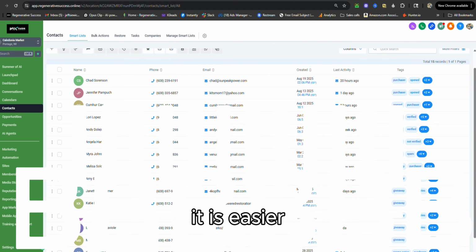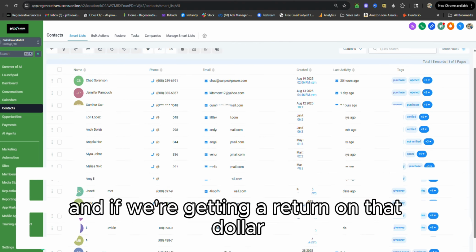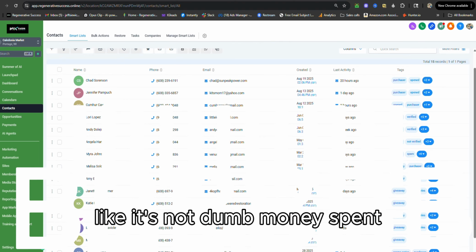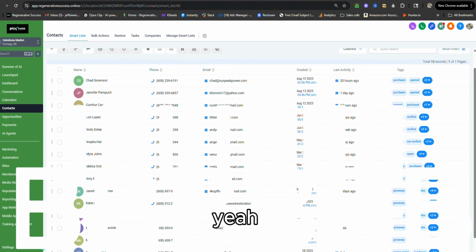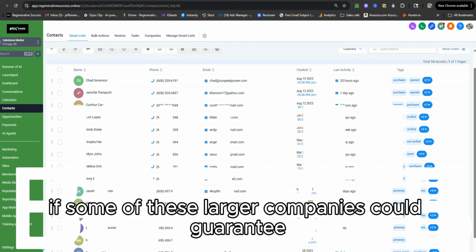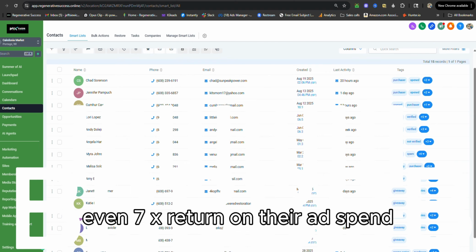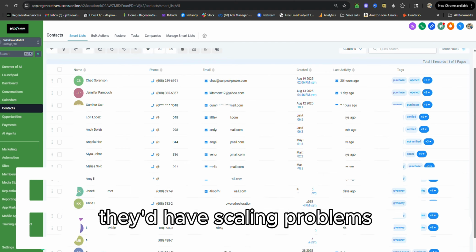It is easier. And if we're getting a return on that dollar, it's not dumb money spent. Like you said, if some of these larger companies could guarantee even a 7x return on their ad spend, they'd have scaling problems. And we're going to have scaling problems.